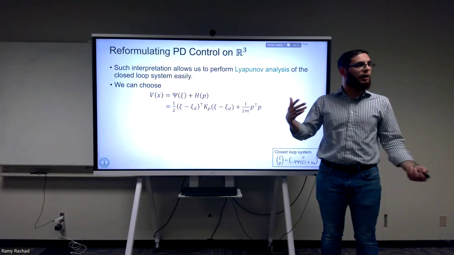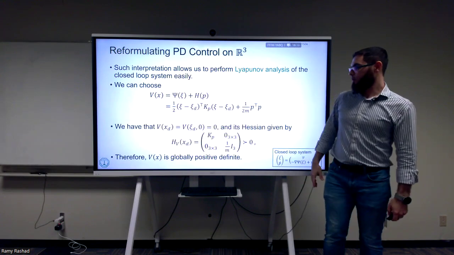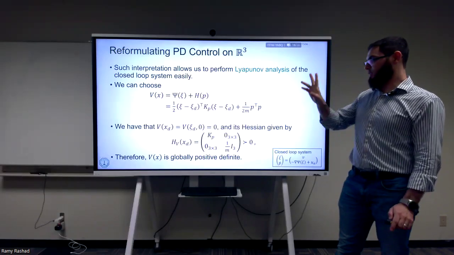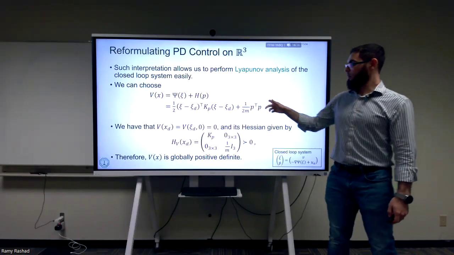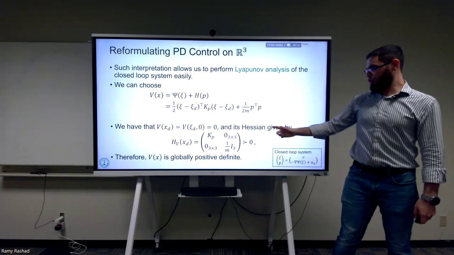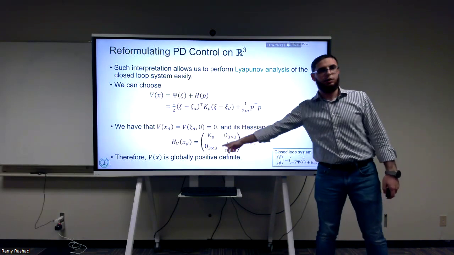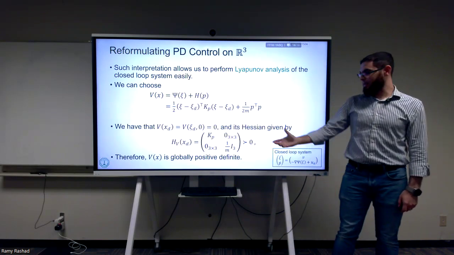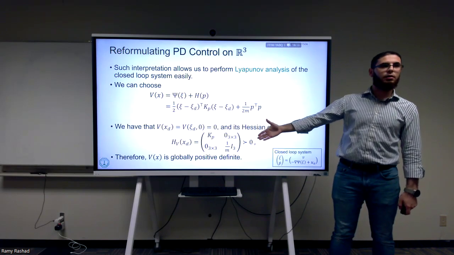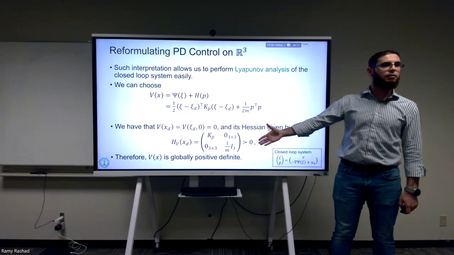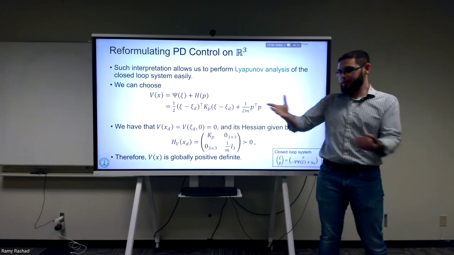Let's see what happens when we try to do V dot. First of all, before calculating the V dot, this is a quadratic function, and you can show that its Hessian is given by this matrix, and it's clear that it is positive definite. It's globally positive definite because this is a quadratic function.